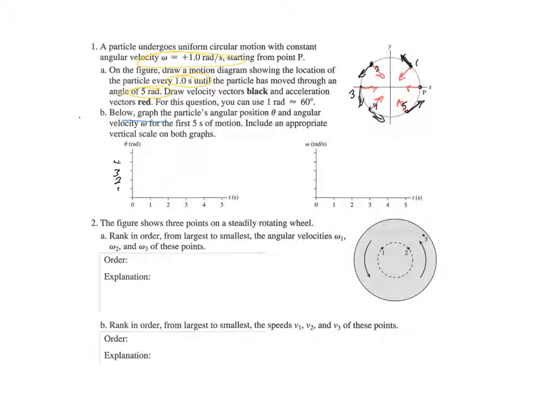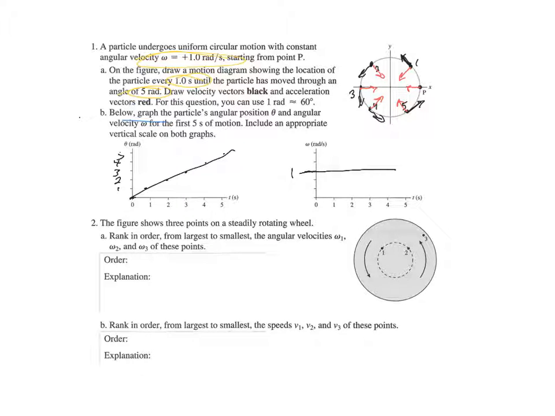So at 0, 1, 2, 3, 4, 5. And what's the slope of that line? Slope is 1. It increases 1 every 1 second. So I would need to put a scale here with 1 somewhere and say that it was 1.